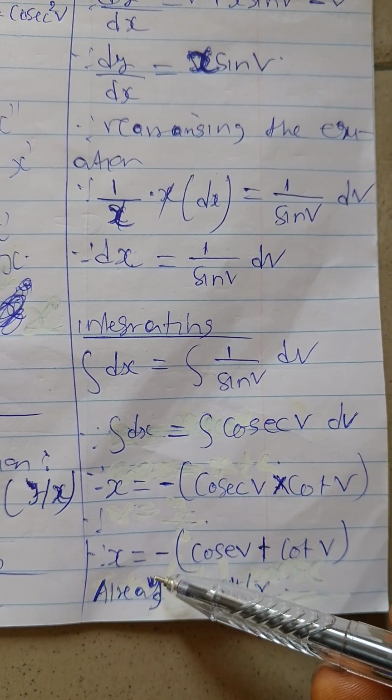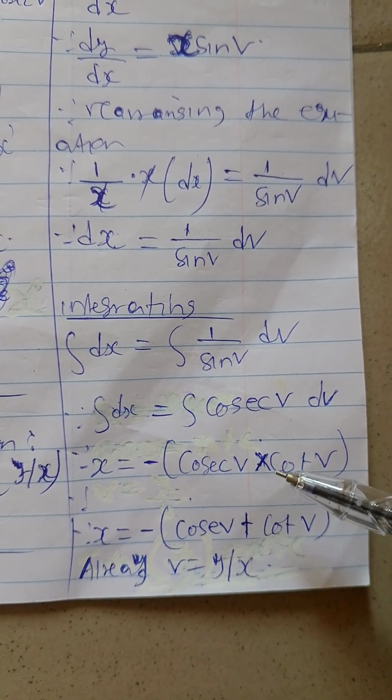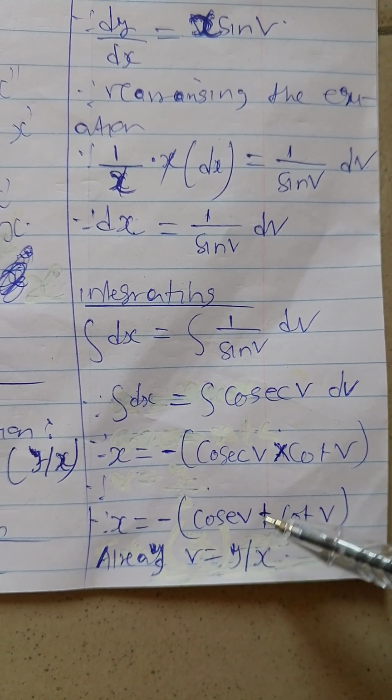So that becomes x is equal to minus bracket cosec v plus cot v.